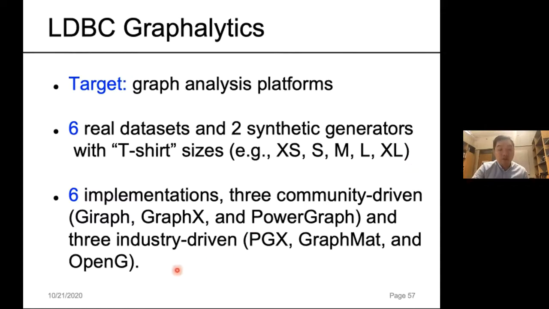And more importantly, they have 6 implementations, including 3 community-driven systems, Giraph, GraphX, and PowerGraph, and 3 industry-driven systems, for example, PGX, GraphMat, and OpenG.